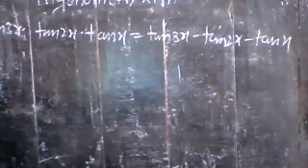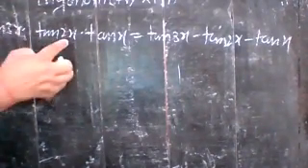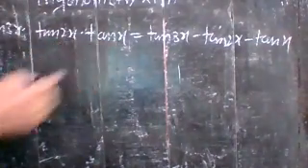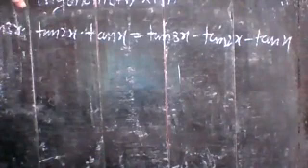So what you do, here you take tan 3x. Understand? Here you see that your angle is in the form of 2x and 3x. So tan 3x can be written as tan of 2x plus x.